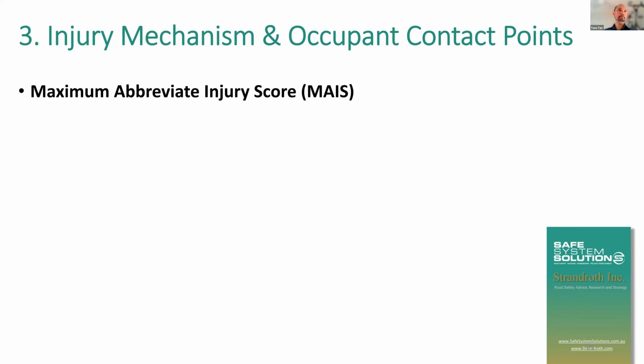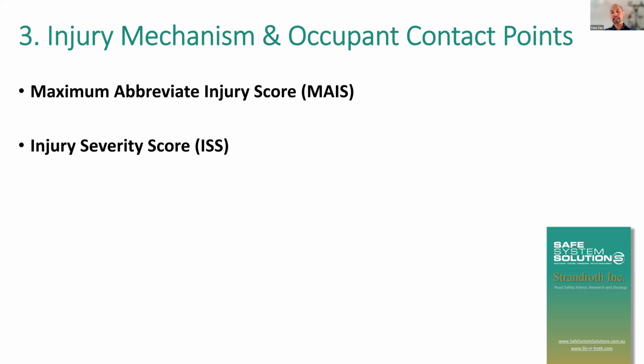There's also a scale called the Maximum Abbreviated Injury Score, and also the Injury Severity Score, or ISS. Maximum Abbreviated Injury Score is basically the maximum injury that has been sustained by an occupant. So AIS is applied to the various parts of the body: the head, the neck, the chest, the abdomen, the upper limbs and lower limbs.